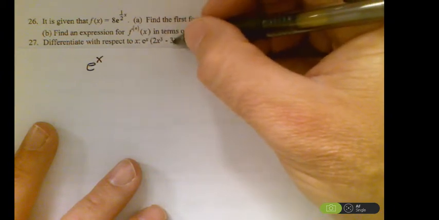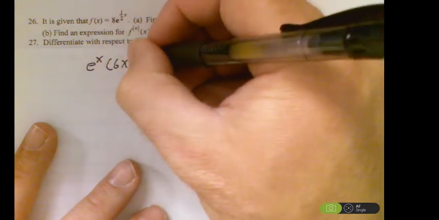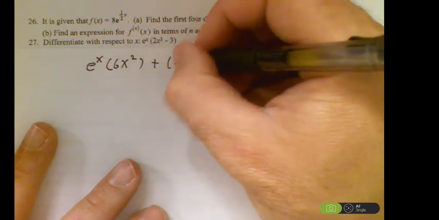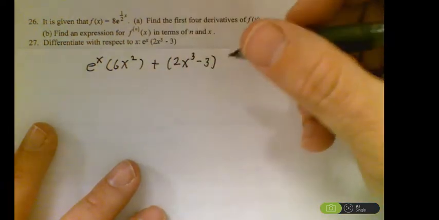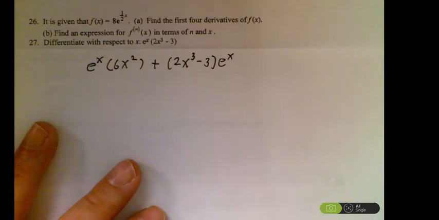Derivative of this set of parentheses would just be 6x squared plus the second term times the derivative of the first, and derivative of e to the x is e to the x. And so that's what we have right there.